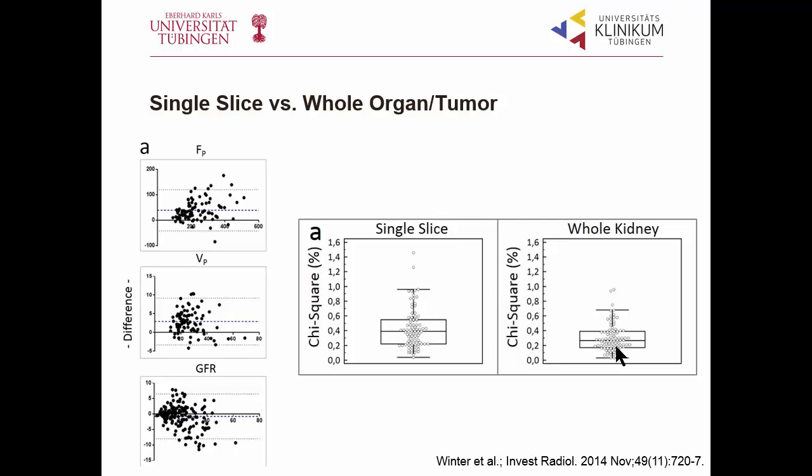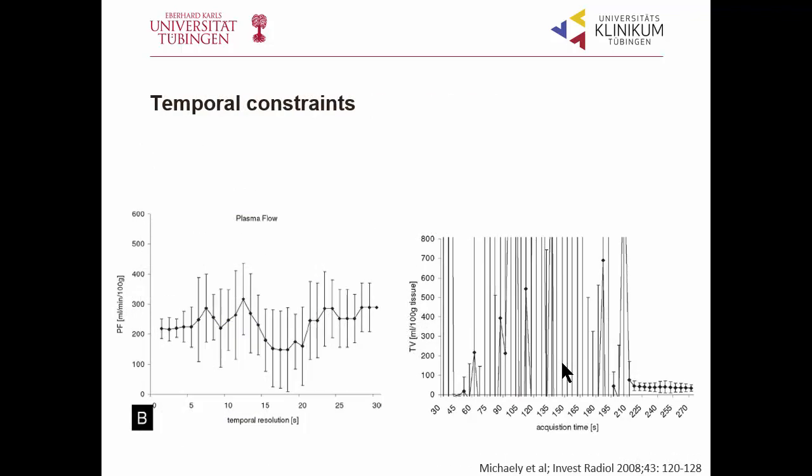However, the fitting of your data will be significantly better if you use a whole kidney region of interest, because you have more voxels to include in your analysis. There's also a dependency of your data on temporal resolution.